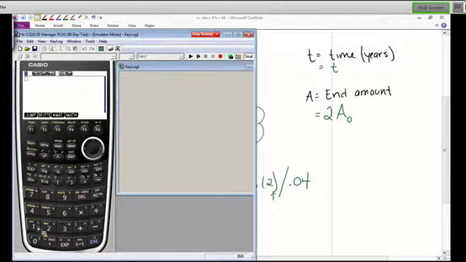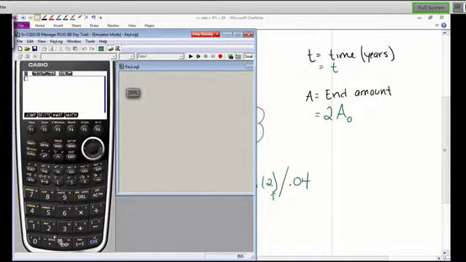Okay, so what are we doing? We're doing ln. Where's ln? I don't know how to use this thing. Oh, there it is. I see it.